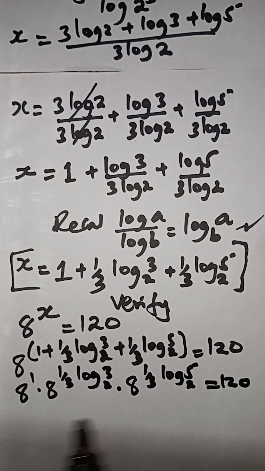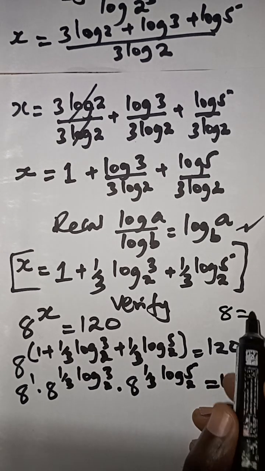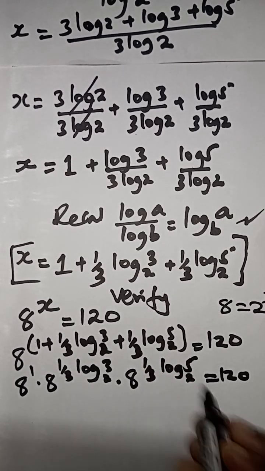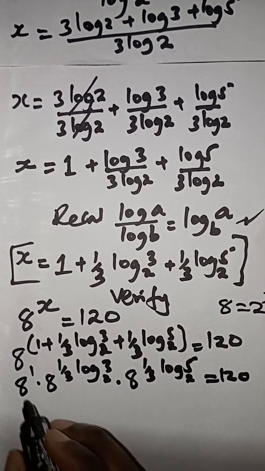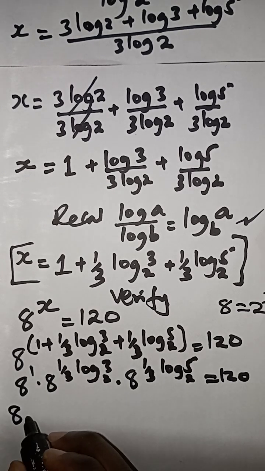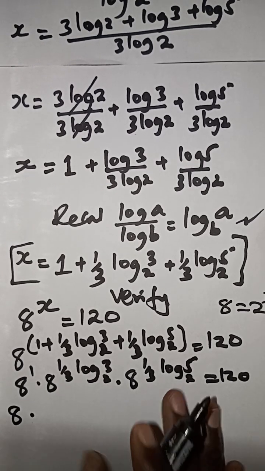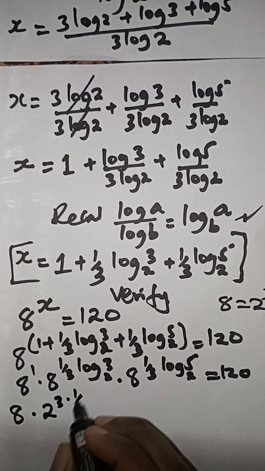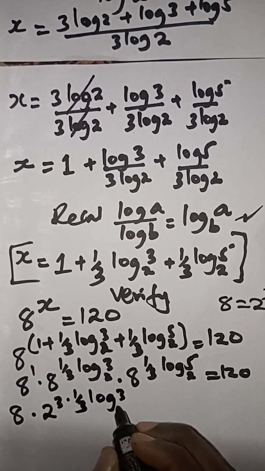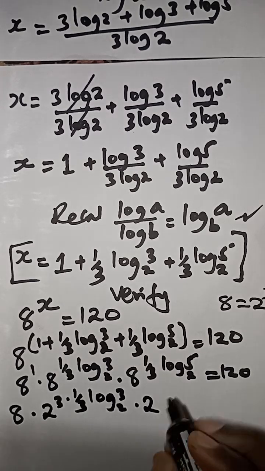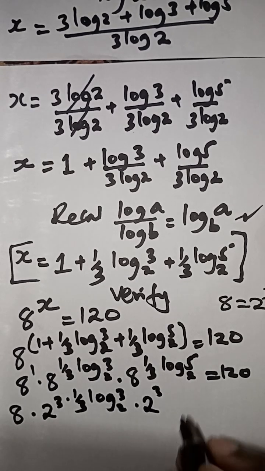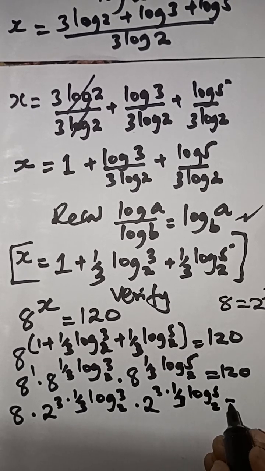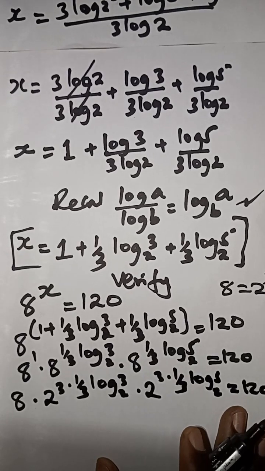Next step, I'll rewrite. I know that 8 is the same as 2 power 3. So I'm going to write this wherever I have 8, so that I have 8 to the power 1, which is actually 8, multiplied by 2 to the power 3 times a third of log of 3 base 2, and then multiplied by 2 power 3 times a third of log of 5 base 2, and see if it gives us 120.